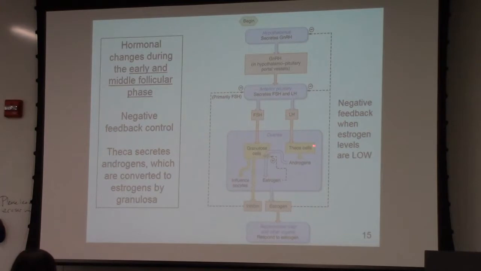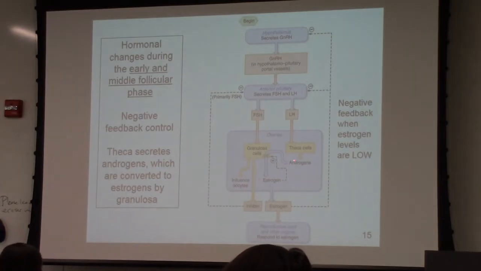LH causes the theca cells to develop and to release androgens, similar to how LH triggers the Leydig cells to release androgens like testosterone in the male. So there are some similarities here. FSH is stimulating the proliferation of the granulosa, and LH is triggering the developing theca to release androgens.